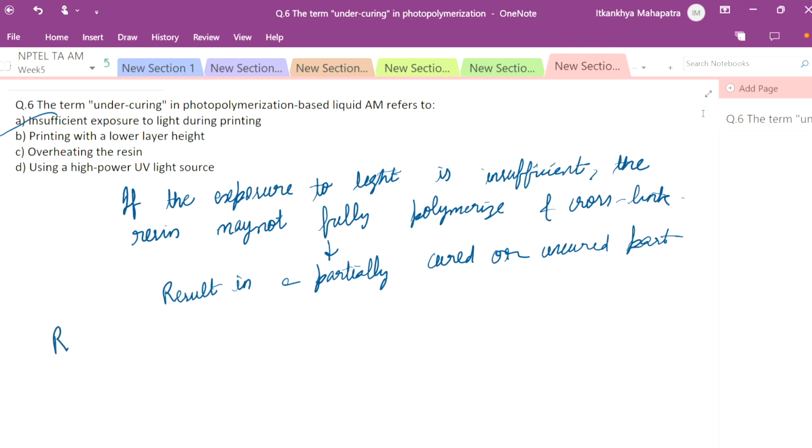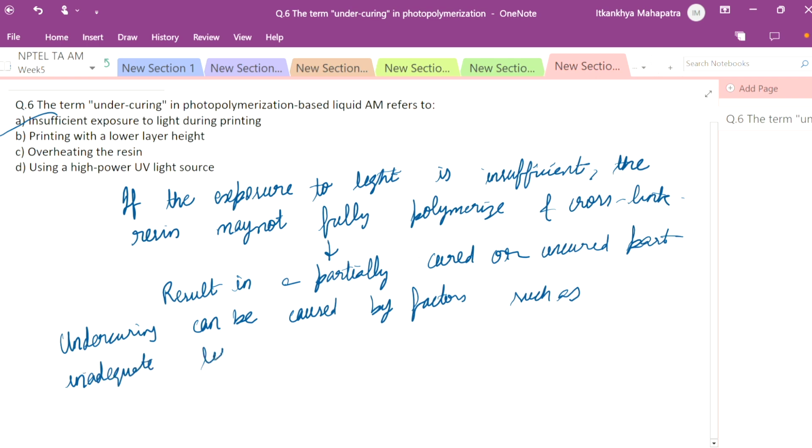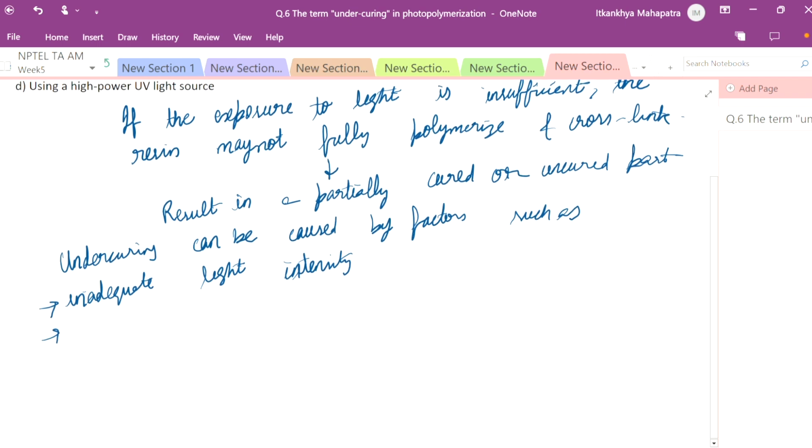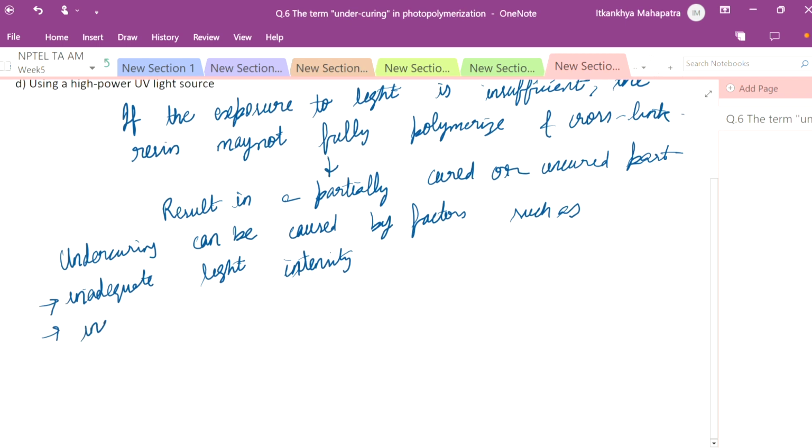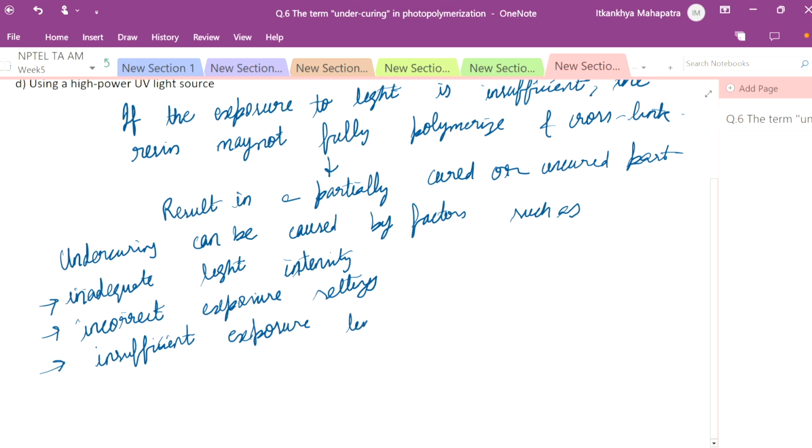Okay, I'll just write the reasons of undercuring. Undercuring can be caused by factors such as inadequate light intensity, incorrect exposure settings, or insufficient exposure time for a given layer.